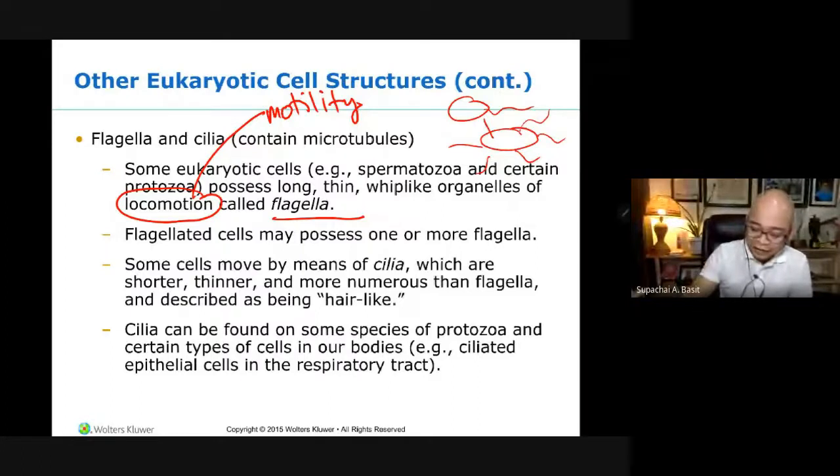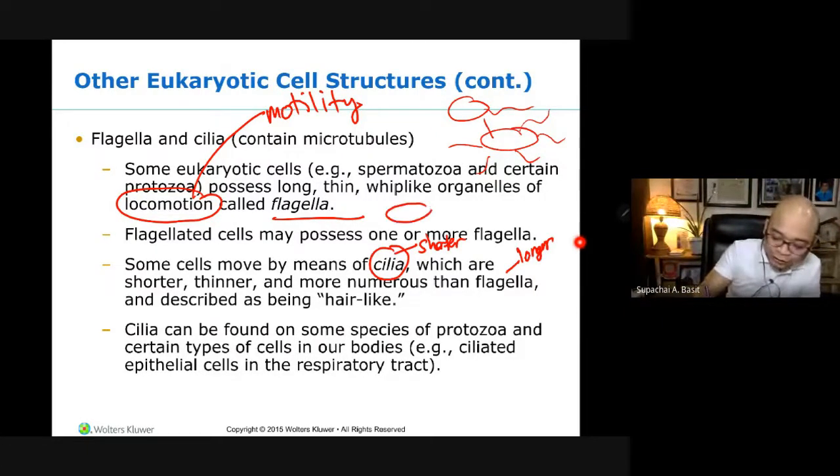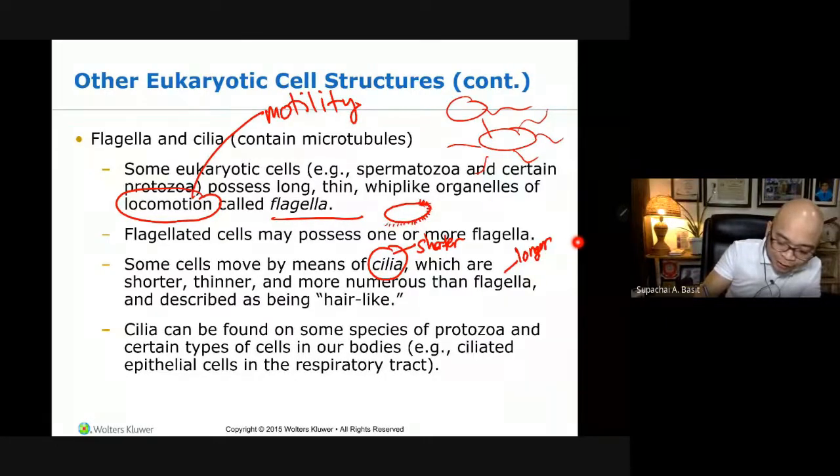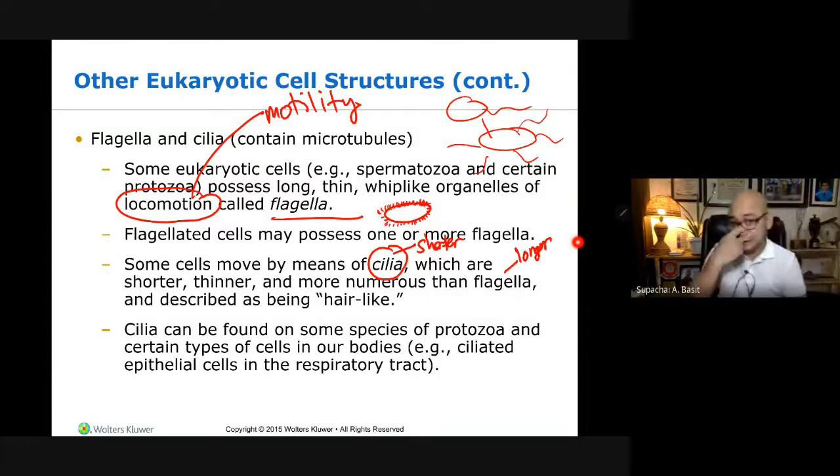So if flagella is longer, cilia is shorter, but they are more numerous. So they are shorter, but they are actually more numerous. So that's an example of a cilia. So cilia can be found in some species of protozoan.